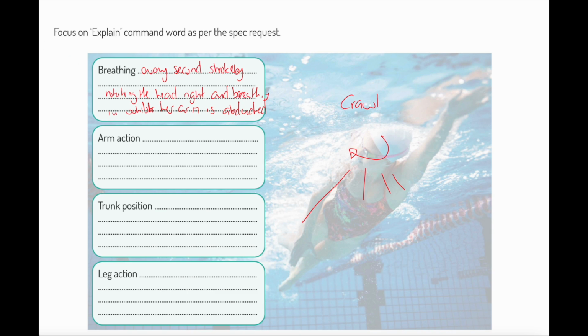But for example, and I might be thinking more breaststroke there, but anyway, her arm action, I'm going to look at her front left arm here. What we're going to say is a flexed elbow during recovery.